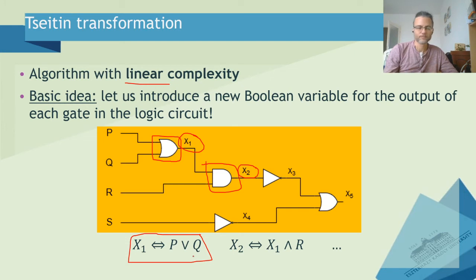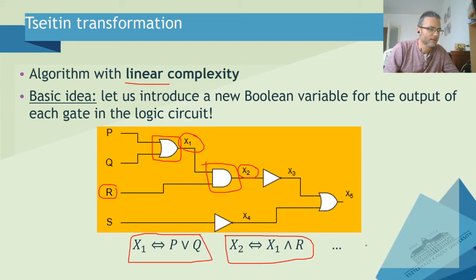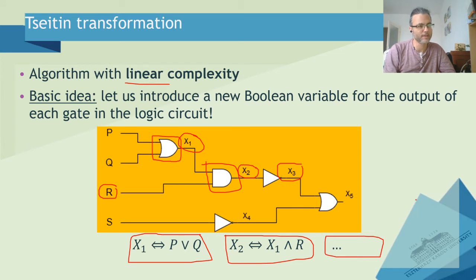And x2 is defined as the conjunction of x1 and R. x2 is equivalent with x1 and R. And this is how you keep going. You just keep introducing your variables and define them as equivalences, basically.